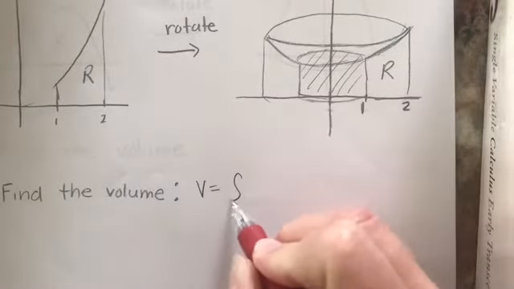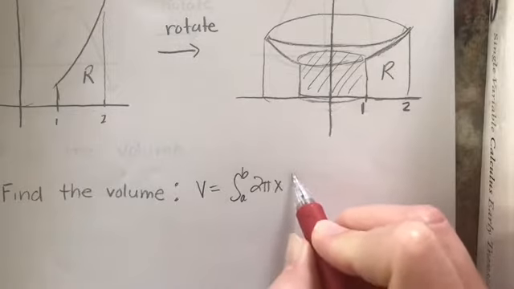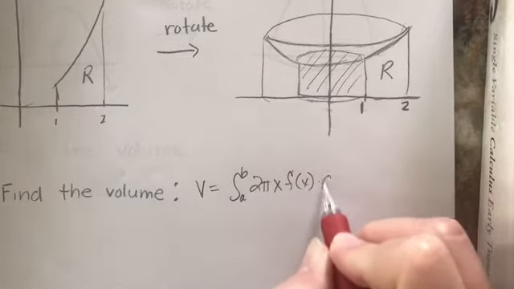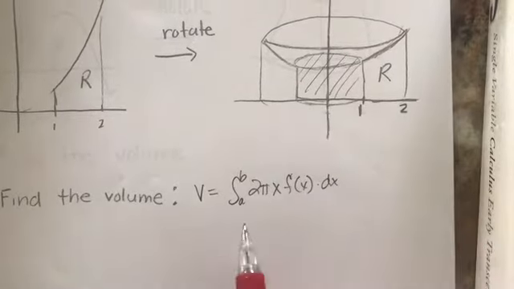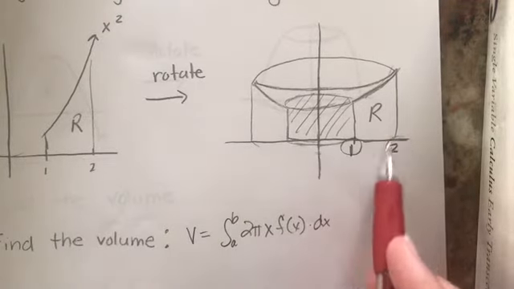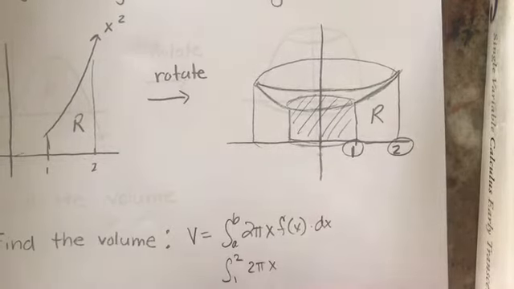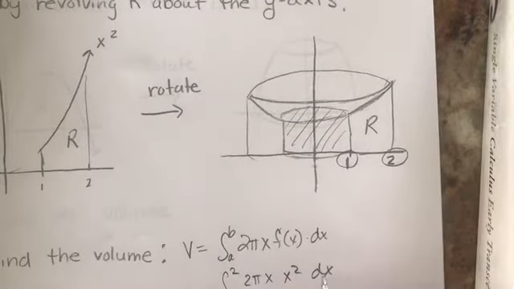So remember, volume equals a to b of 2 pi x times the function f of x times dx. Since this is dx, we want to use our x variables, so we're going to evaluate from 1 to 2. 2 pi x always stays, and then our f of x is just x squared dx.